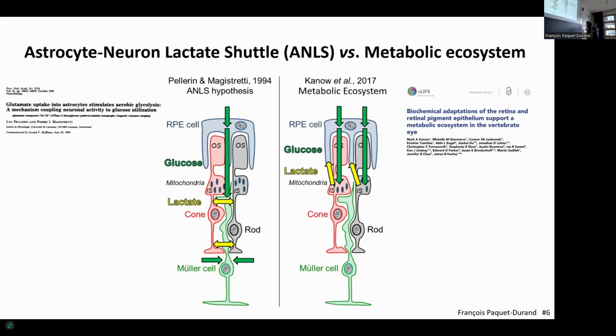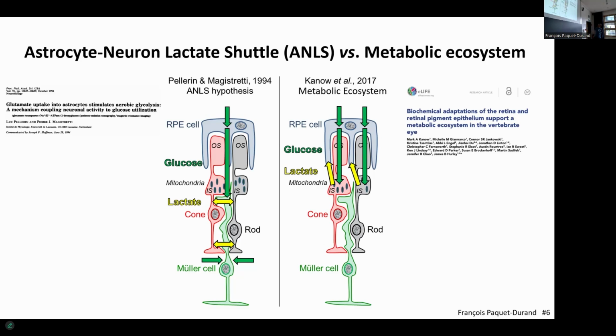Now, paradoxically, in 2017, the lab of Jim Hurley published a seminal study in eLife, where they found that the glucose that comes from the bloodstream through the RPE actually goes to the photoreceptors, and then the photoreceptors split it into pyruvate and lactate, and then the lactate is released to the RPE cell, and it would be the RPE cell that would do oxidative phosphorylation.